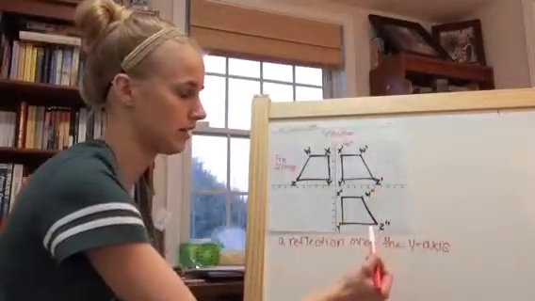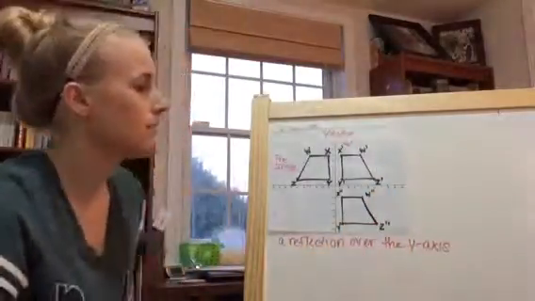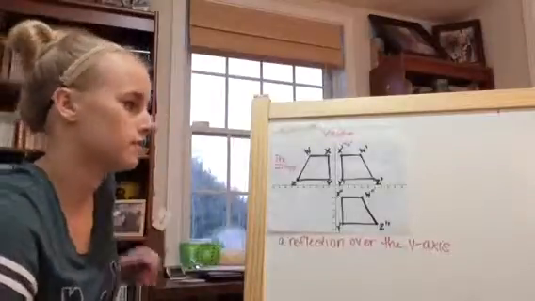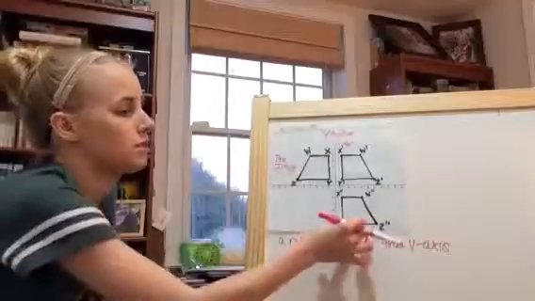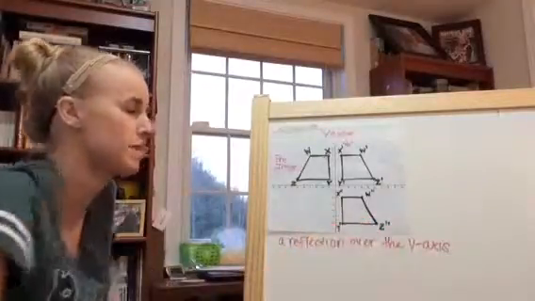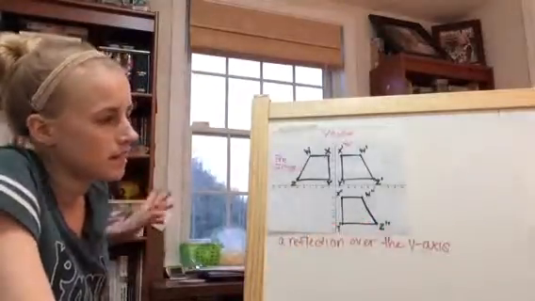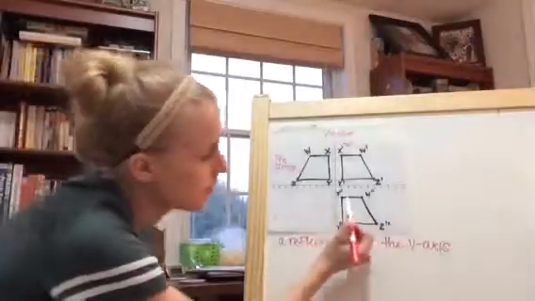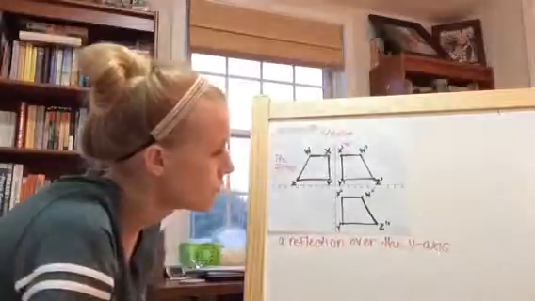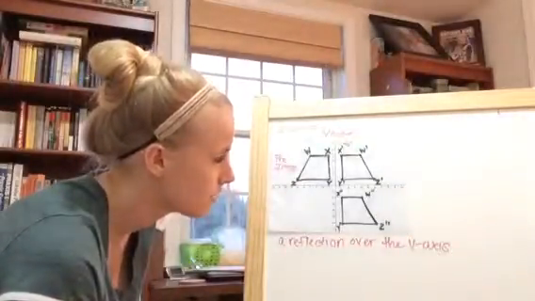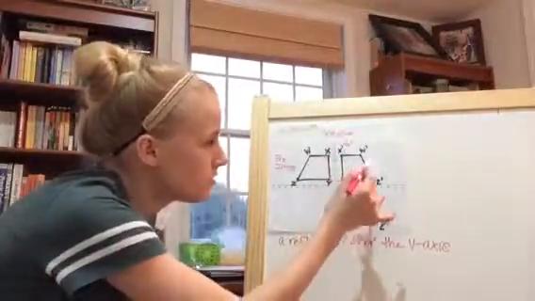Now you have to look at how we got from this image to this image. So here's our pre-image and here's our image. Was it a rotation? No. Was it a reflection? No, because then my short side of the trapezoid would be down here. Was it a dilation? Let's count our units. It's 1, 2, 3. 1, 2, 3.